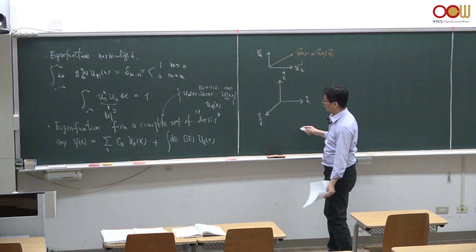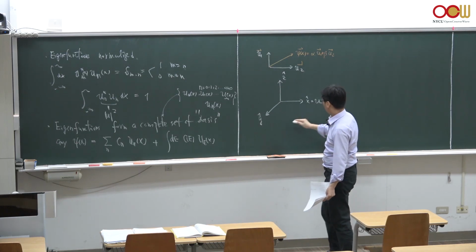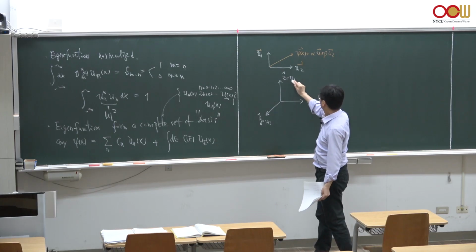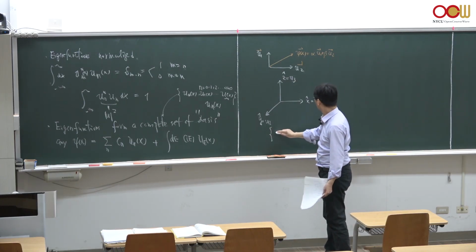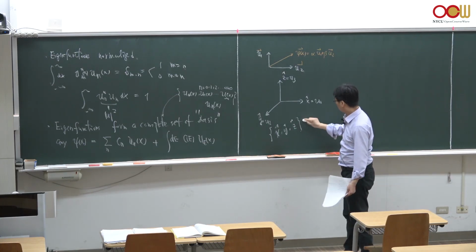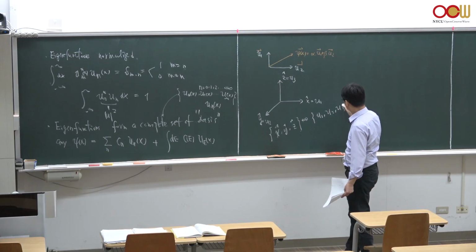You can consider the x unit vector as u1, y as u2, and z as u3. Just as in vector analysis you form the x, y, z unit directions from the three unit vectors, likewise you could also form a basis in this eigenbasis, u1, u2, and u3.